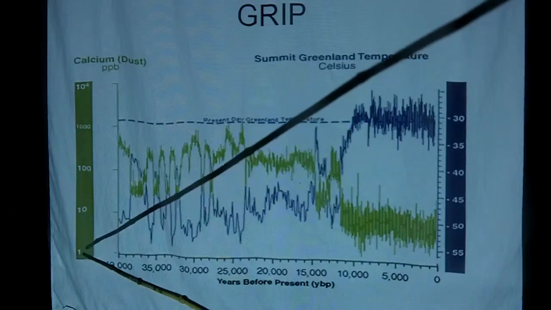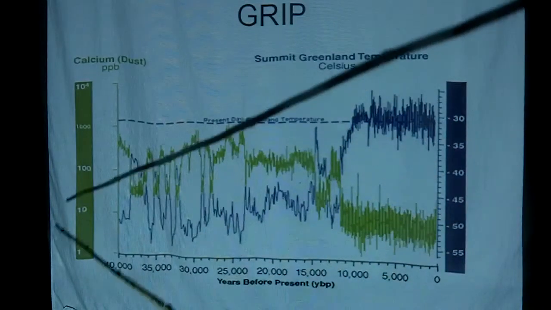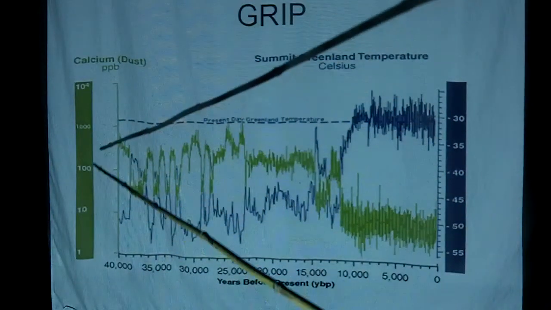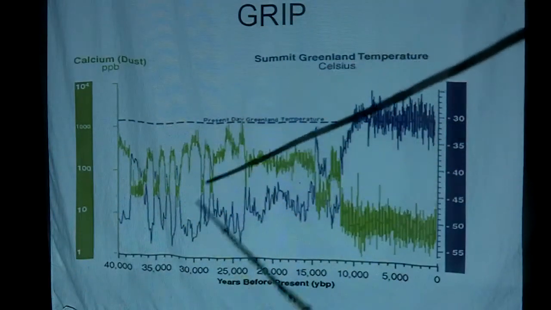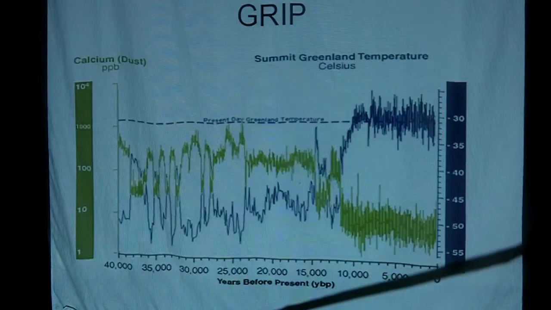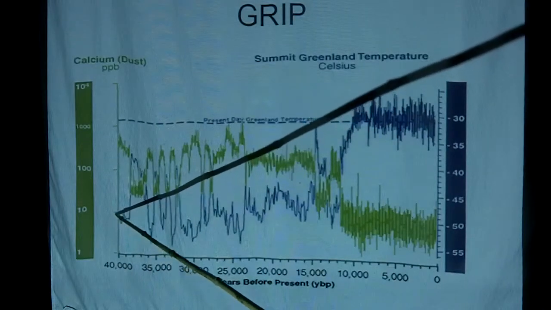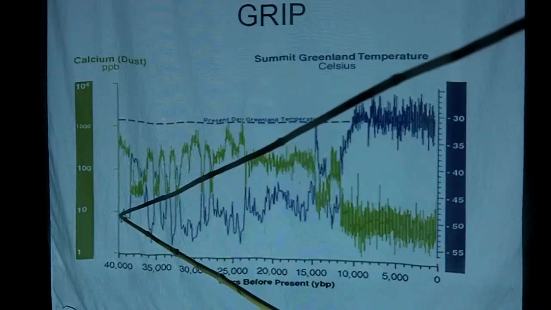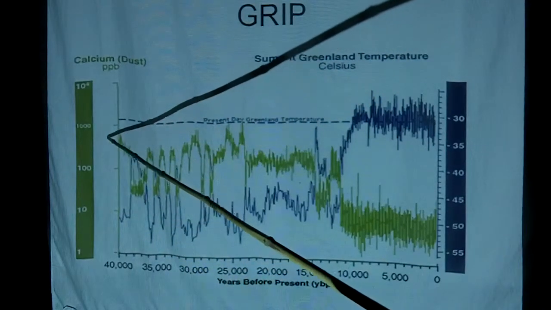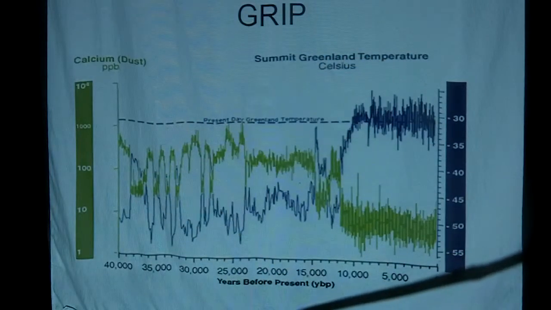Now here's the scale, exponential scale for calcium, going up to 10,000 parts per billion. But the highest it gets in the Greenland ice core is 1,000 parts per billion. And you can see when it was down here minus 55 or whatever, the dust here is around 600 or 700 ppb.